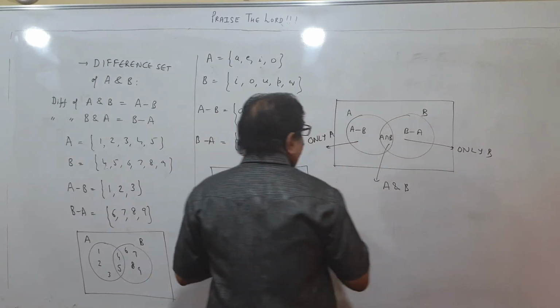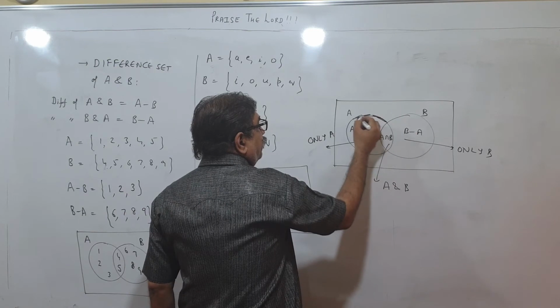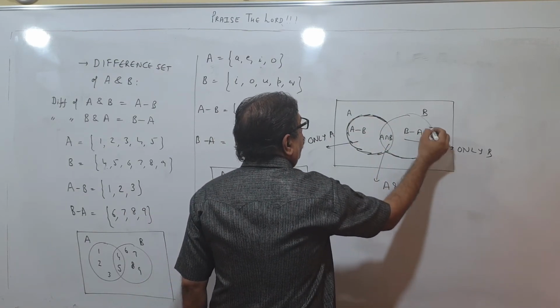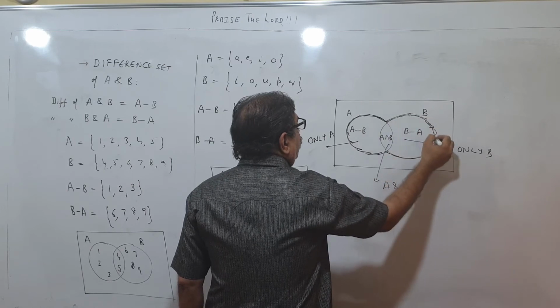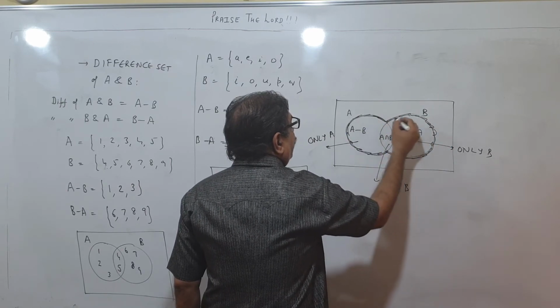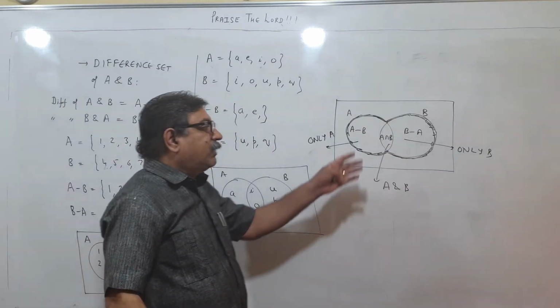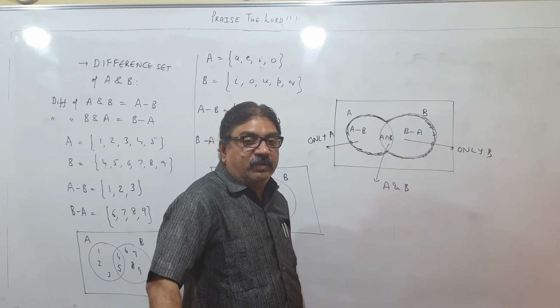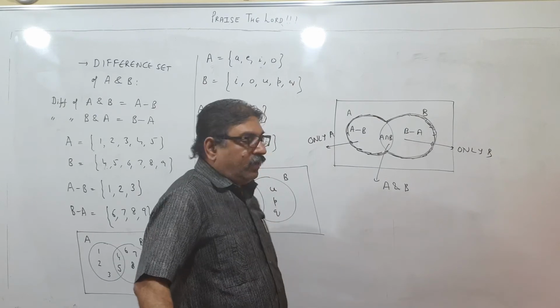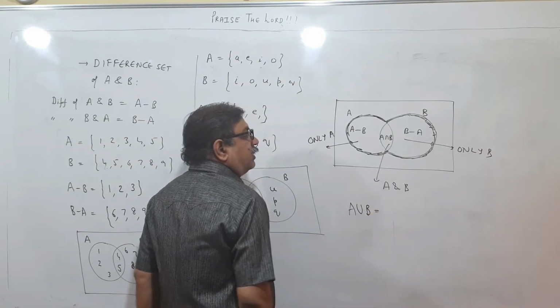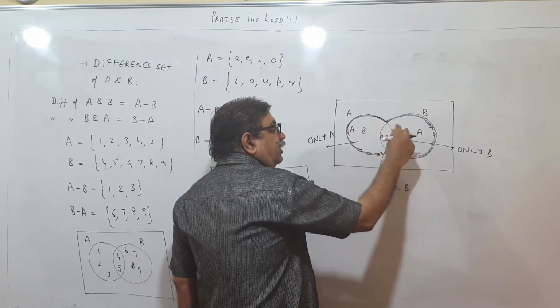And then this figure that you can see, which covers complete A and B, this region that I am drawing will be A or B, either I am in A or I am in B, A union B. So I can see that A union B is this region plus this region plus this region.